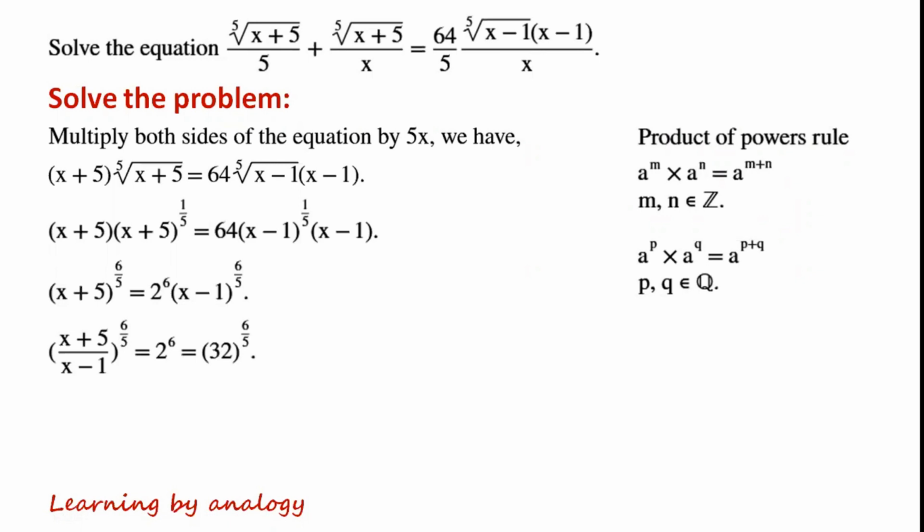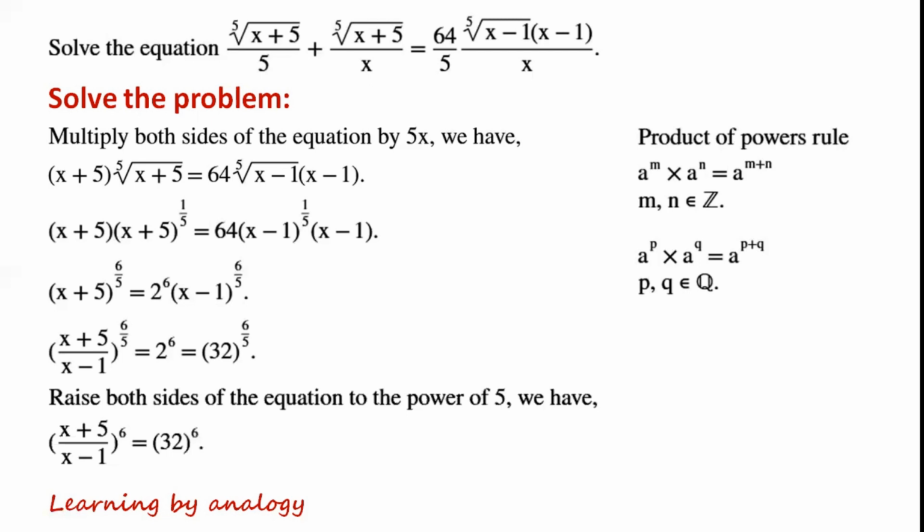So x plus 5 over x minus 1, all to the power of 6 over 5, equals 2 to the power of 6, by rearranging the equation. 2 to the power of 6 can be written as 32 to the power of 6 over 5.